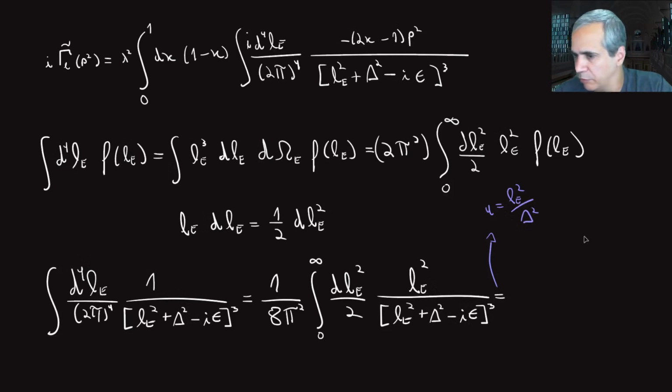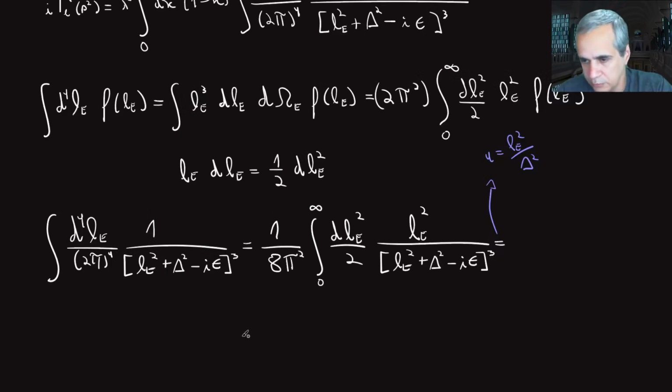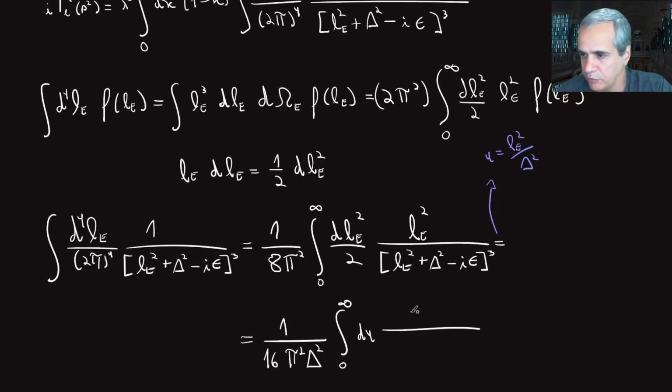That means I can rewrite this integral as 1 over 16π squared. There's a delta that comes out from the change of variables. Integral from 0 to infinity of du times u over 1 plus u minus iε.